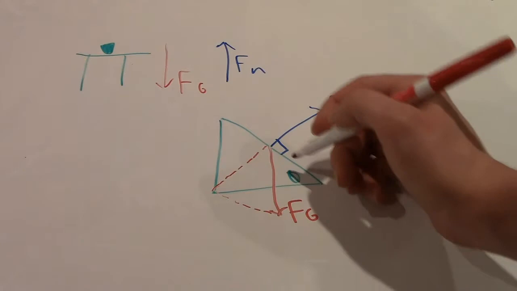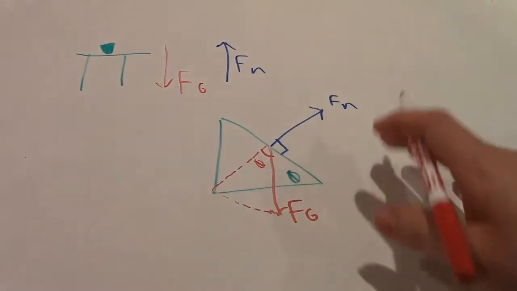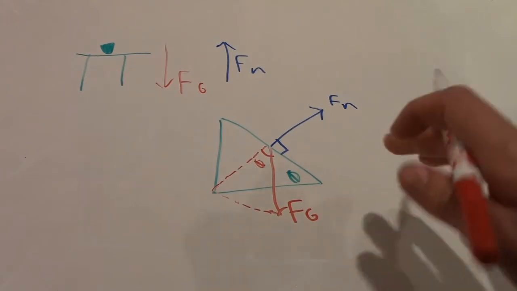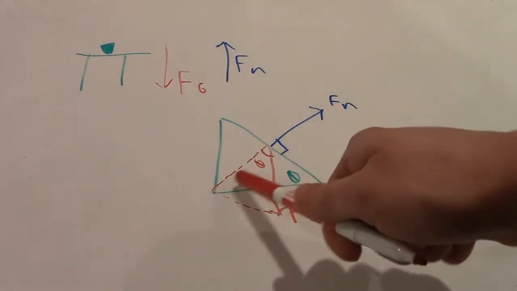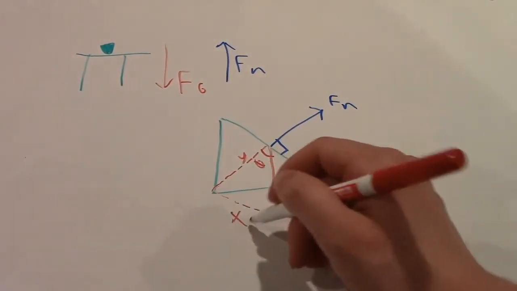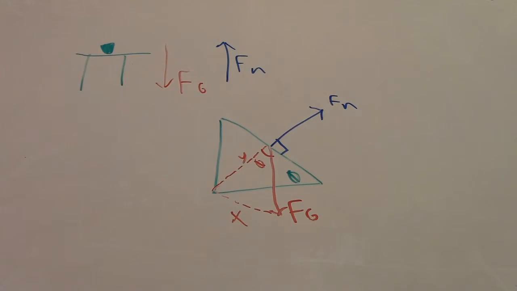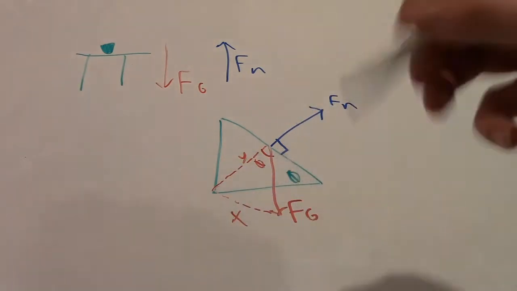Now, due to geometry, this angle here is also theta, and you can work that out for yourself if you want to. We typically call this component here y, and this component here x. Now, the normal force is able to cancel out y.